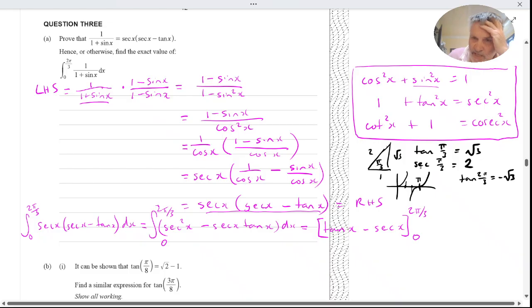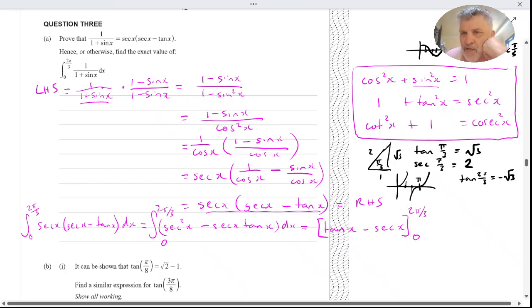And similarly for sec, if we actually look at the cosine graph, sec is the reciprocal of this, but it's the same thing. But this is pi, so pi over 3 is here, 2 pi over 3 is here. The value of sec 2 pi over 3 is going to be the negative of the value of sec of pi over 3.